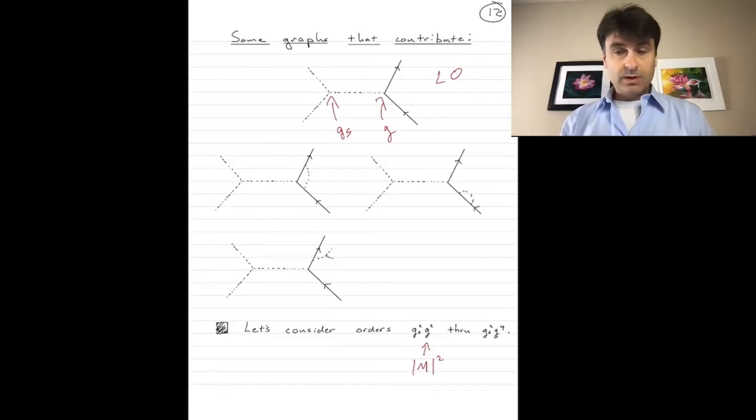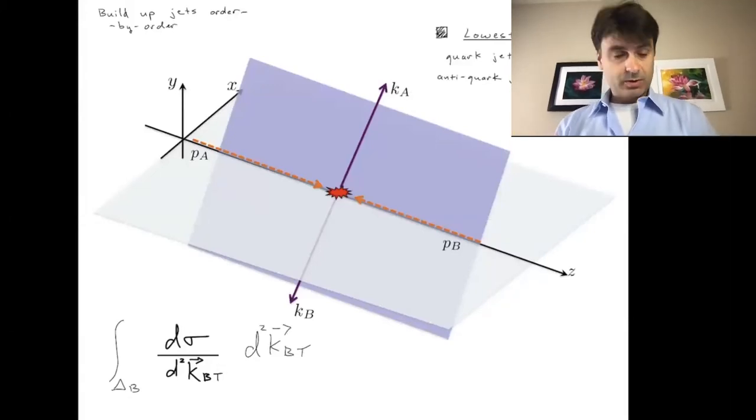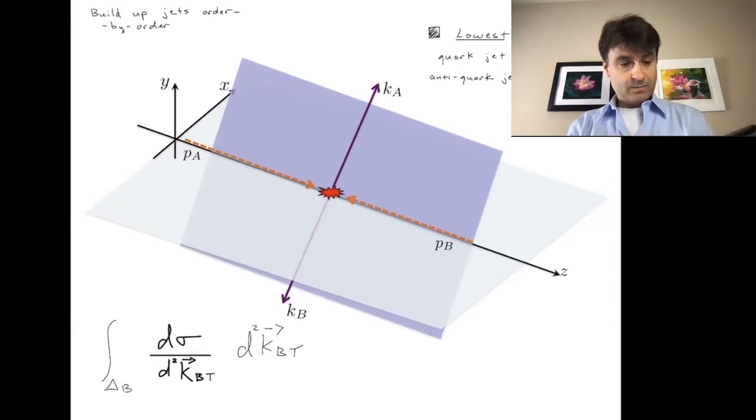So let me step through the cases that we're actually going to calculate. The lowest order contribution is going to have just the quark and the anti-quark coming out basically by themselves, like this.